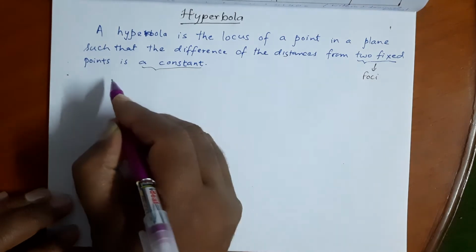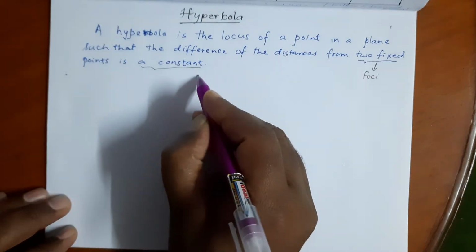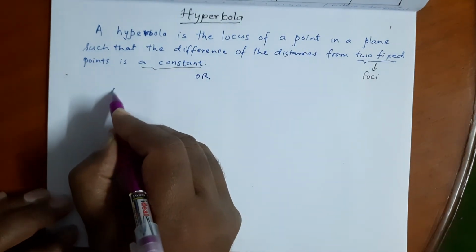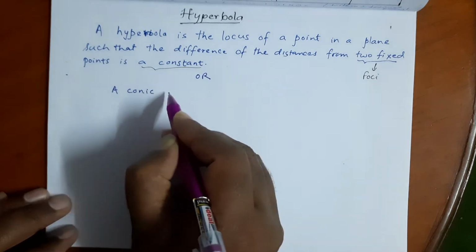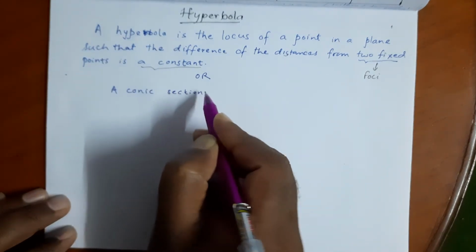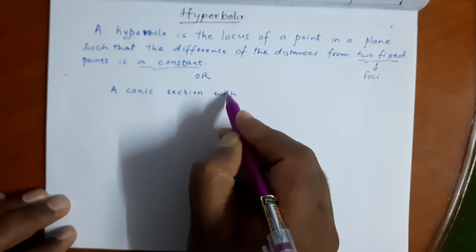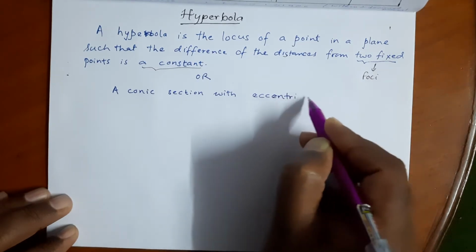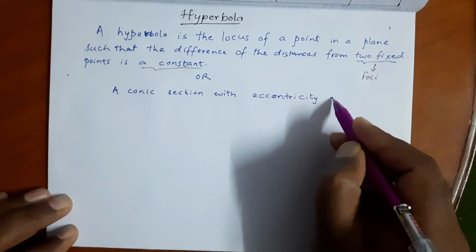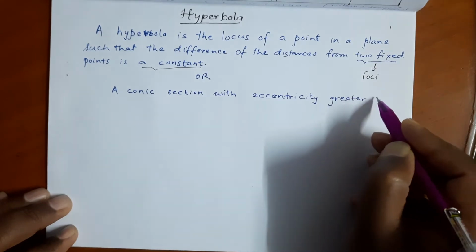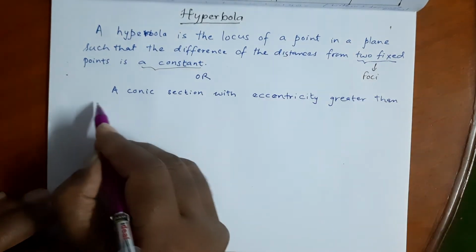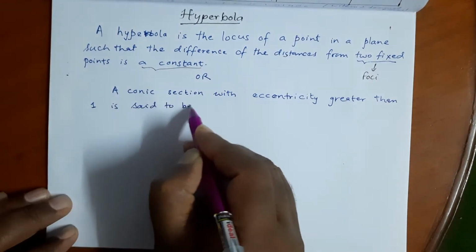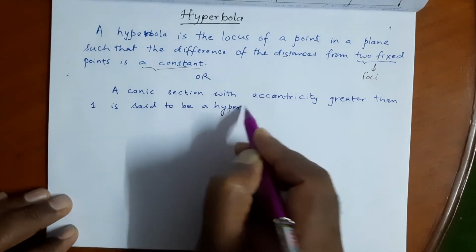Alternatively, we can also define hyperbola in terms of eccentricity. A conic section with eccentricity greater than 1 is said to be a hyperbola.